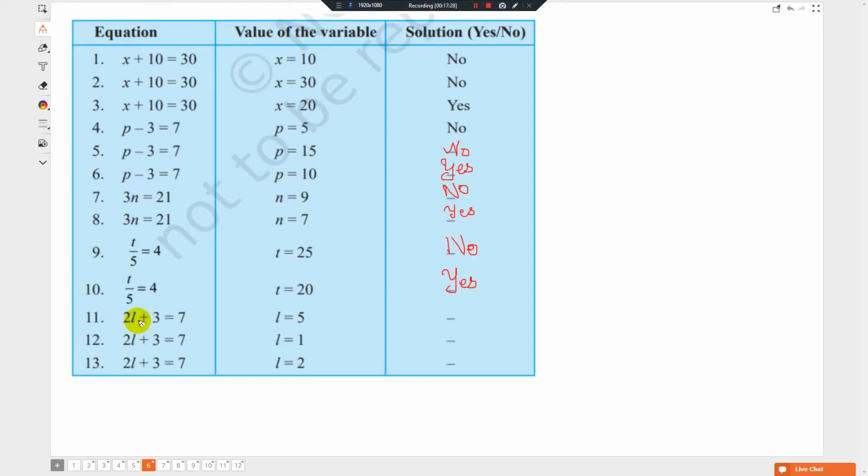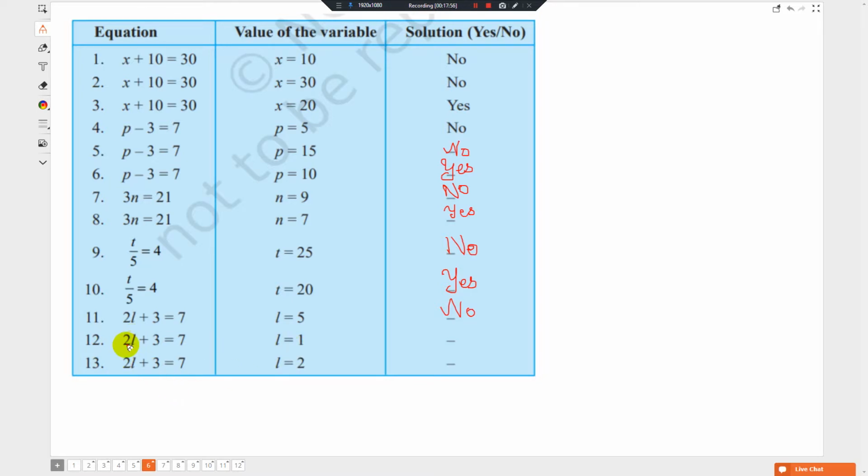Now, 2l plus 3 is equal to 7. So, l is equal to 5. 5 twos are 10. 10 plus 3, 13. So that won't come. No. Here, l is equal to 1.